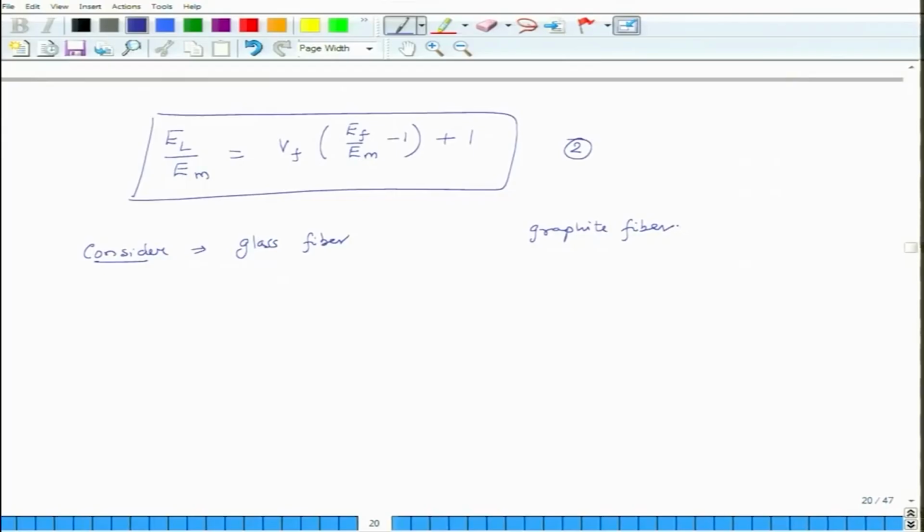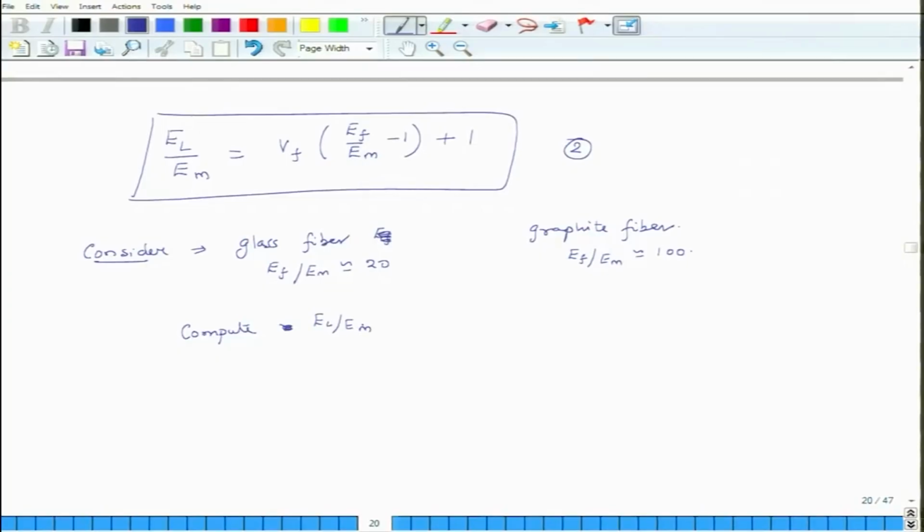And if you look at their modulus and the modulus of matrix, typically EF for glass fiber is approximately equal to 20 and graphite is much more stiff. So, EF over EM is approximately equal to 100. So, we want to compute this parameter EL over EM.